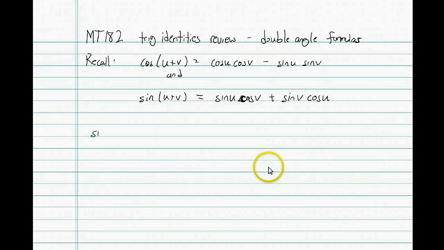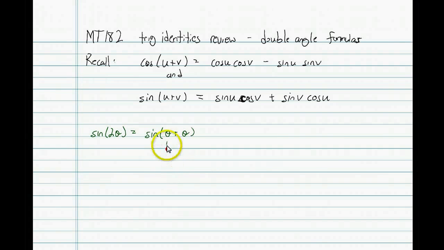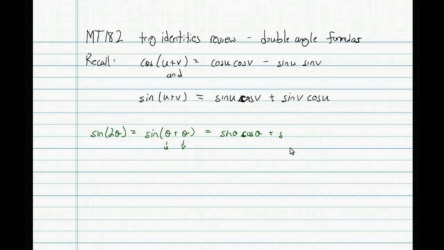To derive the one for sine, we want to know the sine of 2 theta. We split that up as the sine of theta plus theta, and let u play theta and v play theta in our sum formula for sine. So we get sine theta times cosine theta plus sine theta times cosine theta, because u and v are both theta, and therefore we just get two copies of the same term.